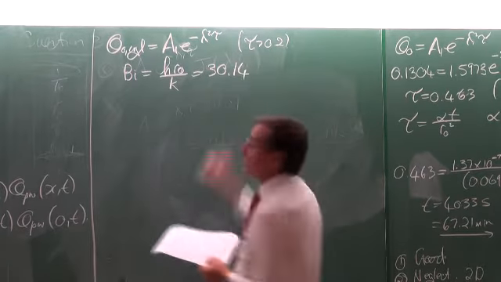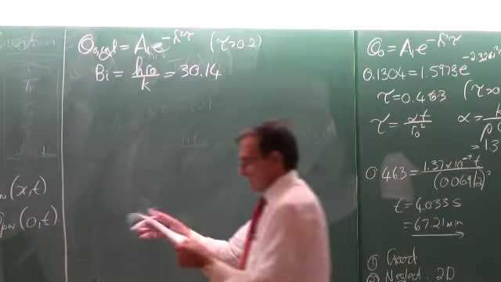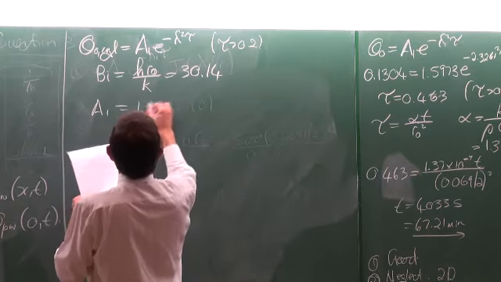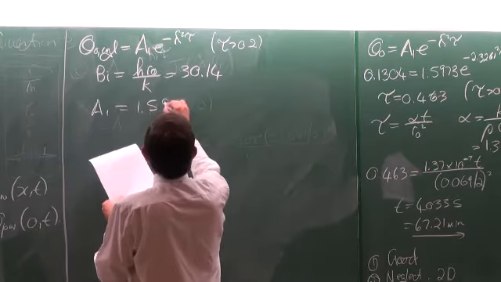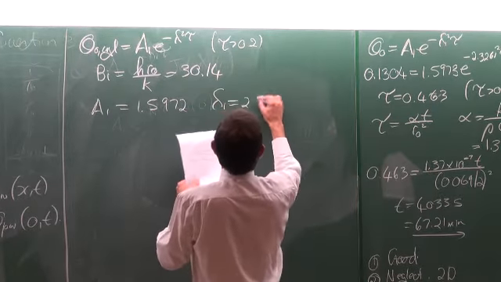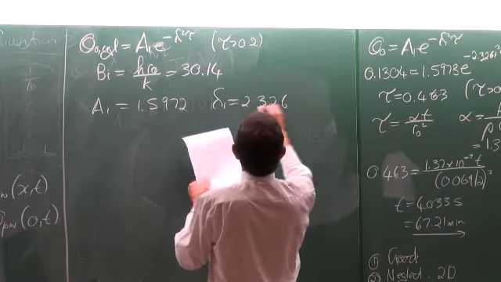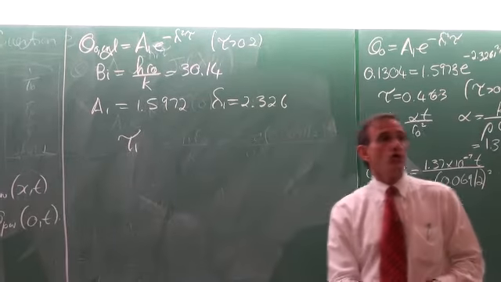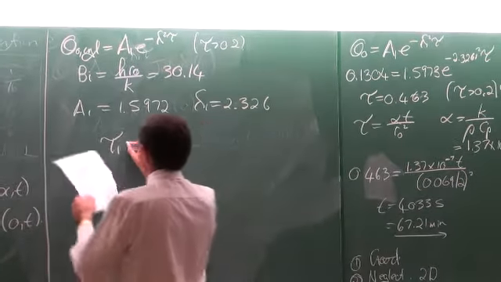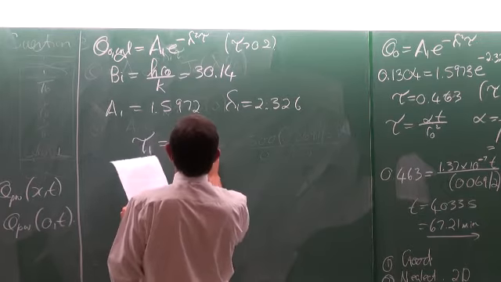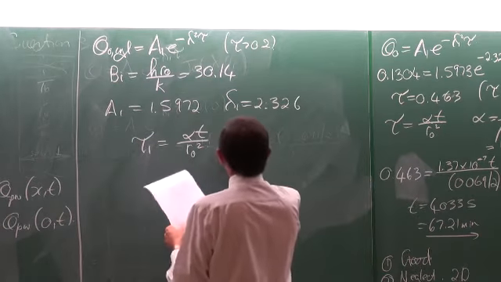Again, it would be 30.14. So the solutions in terms of A1 is the same as previously, 1.597, and lambda 1 is equal to 2.326.